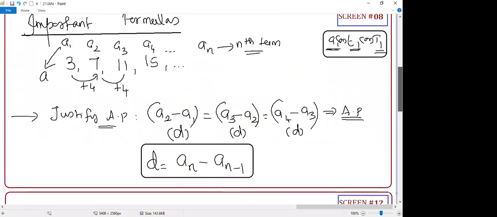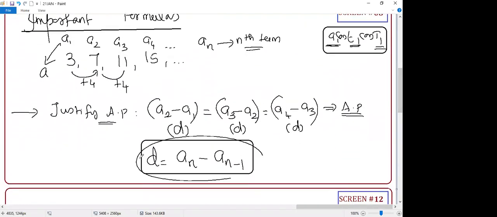Now, anyone having doubt on the first formula? Sir, I didn't understand formula number 1. Rahul, you are Arya's friend? How did you get the link?